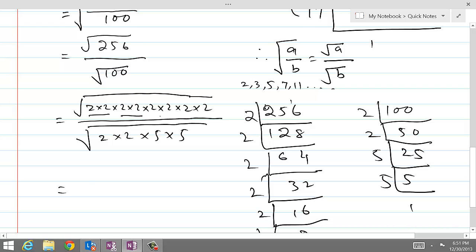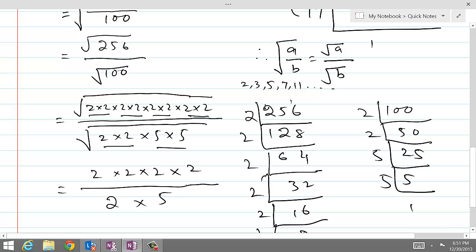This is one pair, second pair, third pair, fourth pair, this one and this one. From this pair 2 will come out, from the second pair 2 will come, from the third pair 2 will come, and from the fourth pair 2 will come. In the denominator 2 will come outside and 5 will come outside.